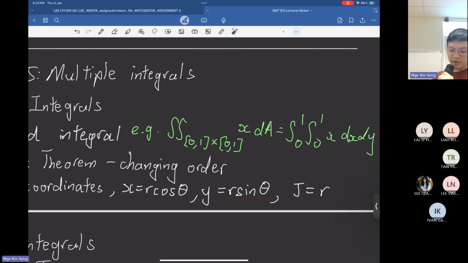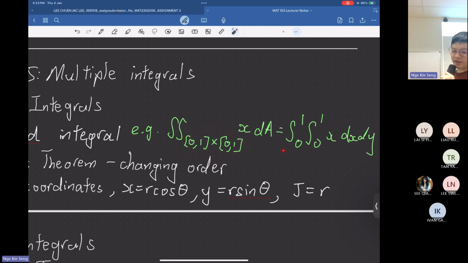No, because it depends on my function here, right? The function here is x. What about the area? The domain. The domain is a rectangle, correct? It's a square this time. Yeah, this domain here is a square.